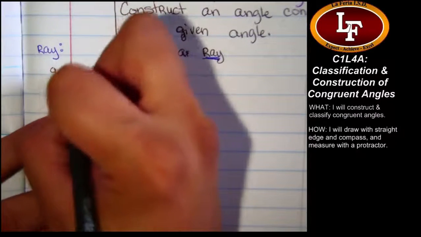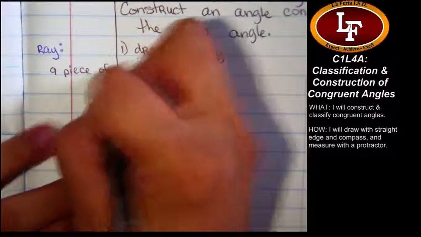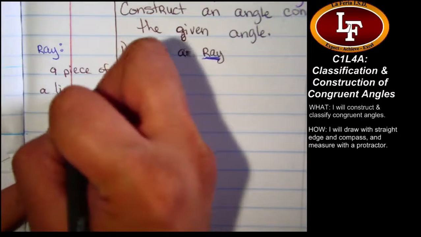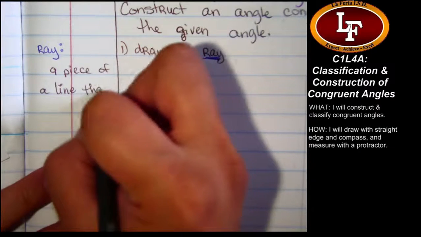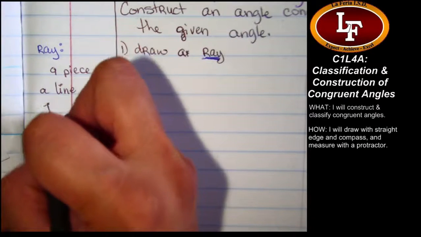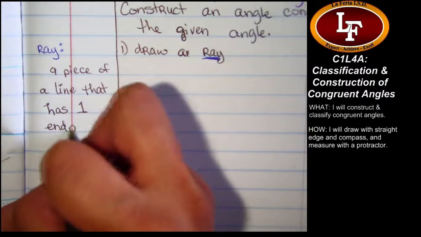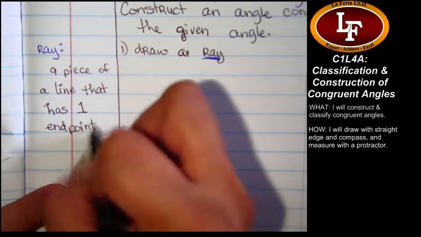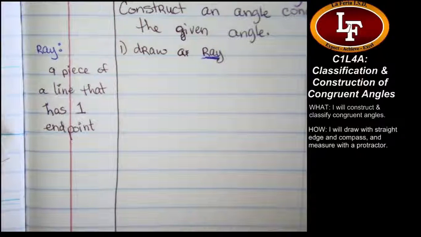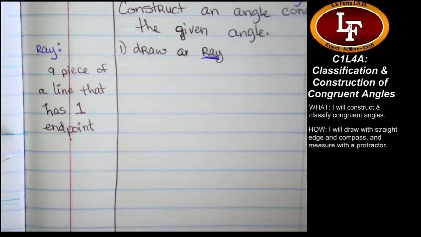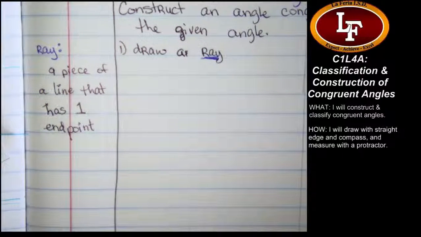A ray is a piece of a line that has one endpoint, which is different from the line segment, which we studied earlier, that had 2 endpoints. This only has 1.